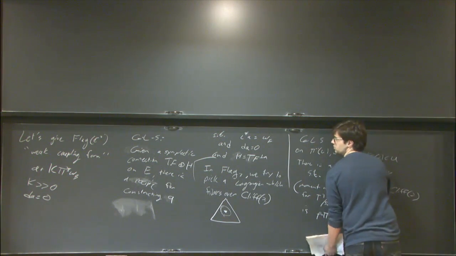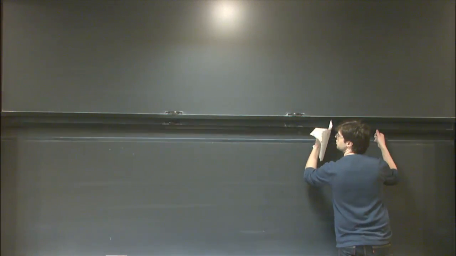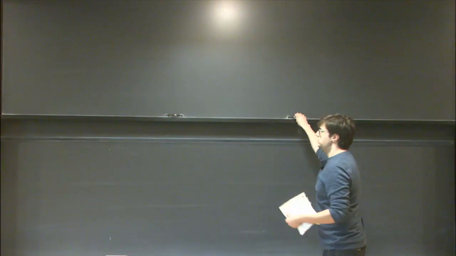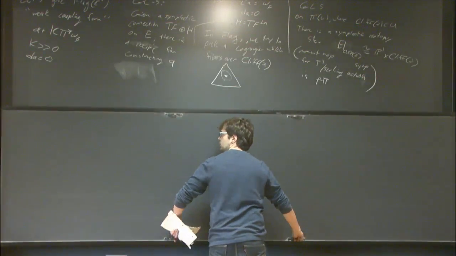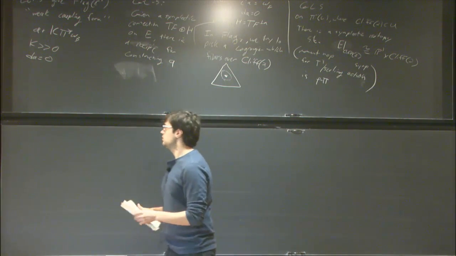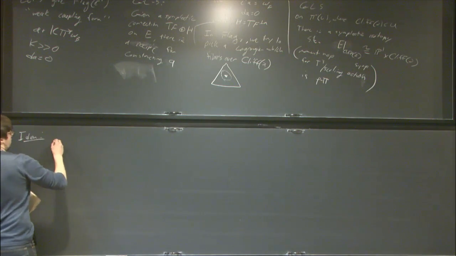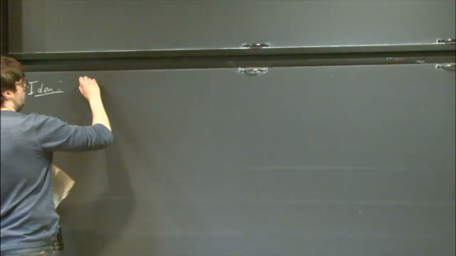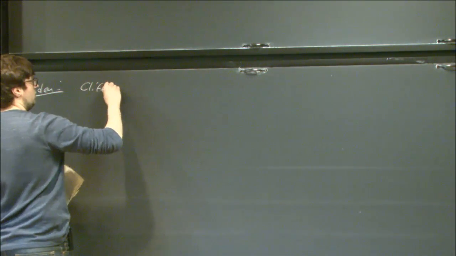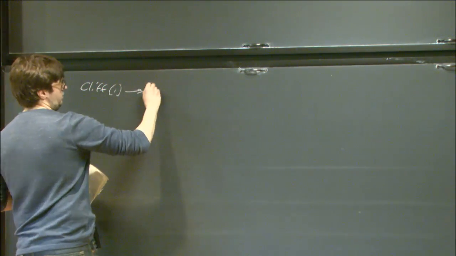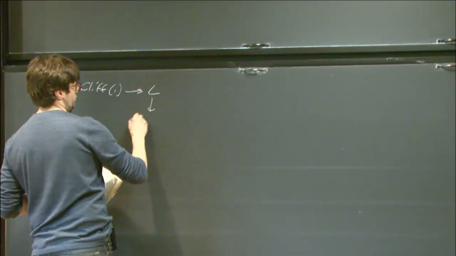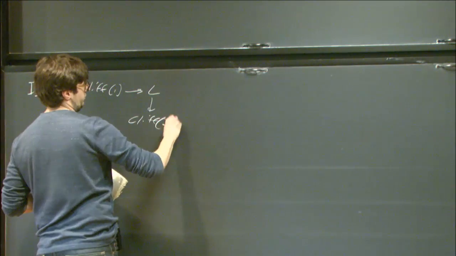Okay, so idea. So L is going to be some section of Clifford 1s over the Clifford 2 torus.